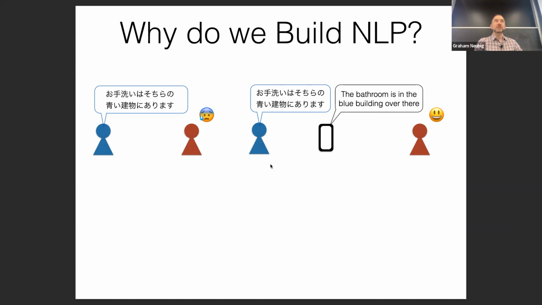So in this particular case, the person in the red had a problem of not being able to communicate because they didn't understand the language. But if we build an NLP system that translates for them, they are able to solve this problem. So in the end, engineering style NLP wants to make the world a better place according to some metric of better.